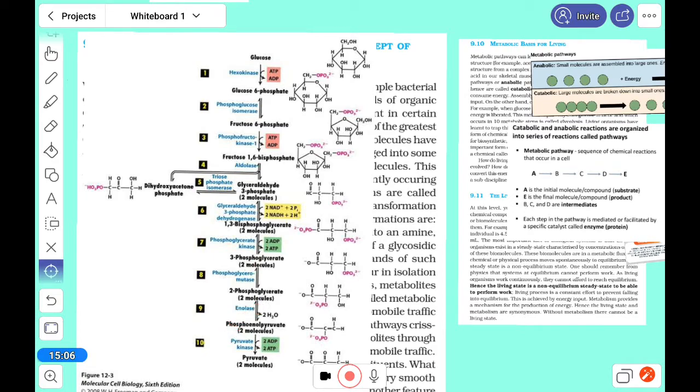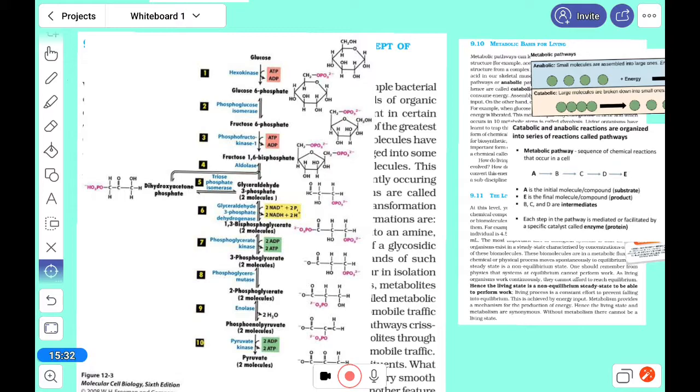In this way, finally it comes to pyruvate or pyruvic acid, 2 molecules. You can see the structures, and in blue color at each and every step an enzyme is required. So these reactions are enzyme mediated. This is one part of metabolism, and one example you can consider.